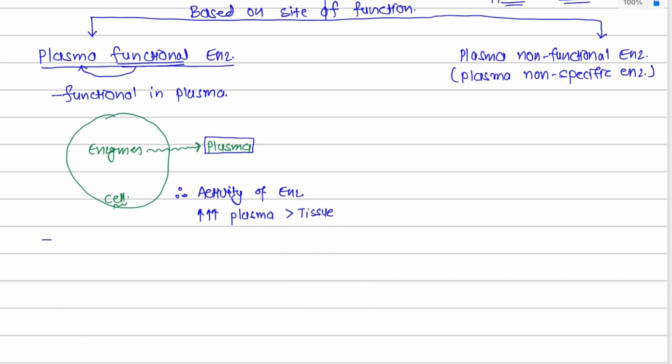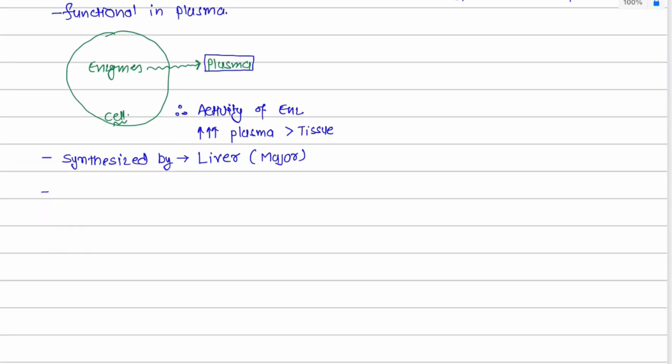Plasma functional enzymes can be synthesized by various cells. However, the liver is the major organ. Now, after synthesis, they are secreted into the circulation and appear in the plasma.